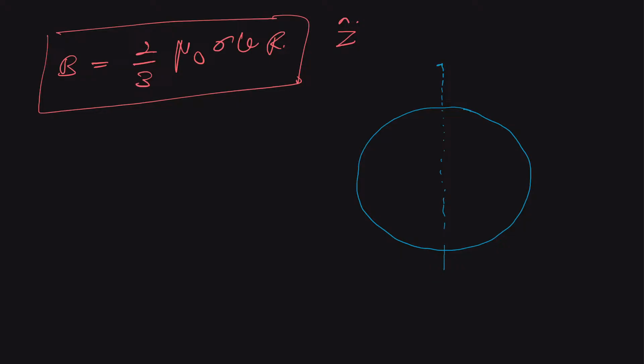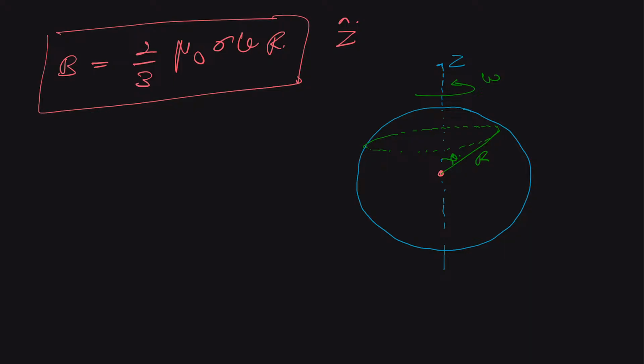So suppose we assume that this is our z-axis, and in order to solve this, suppose this is the center, and we took a ring which is at radius r and angle theta, and it is rotating about the z-axis with angular velocity omega.